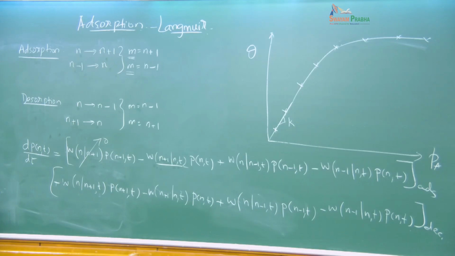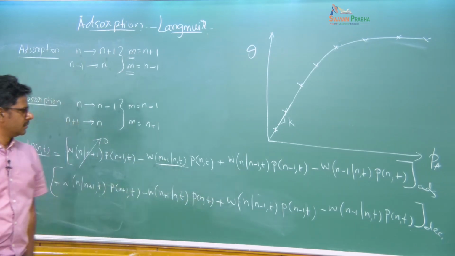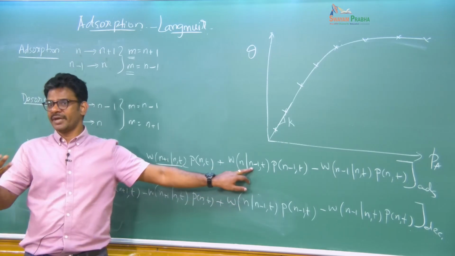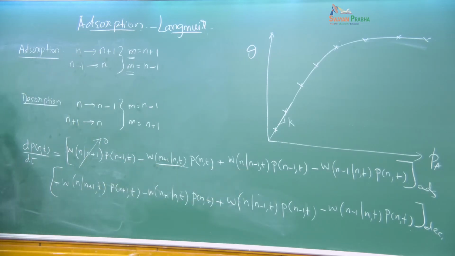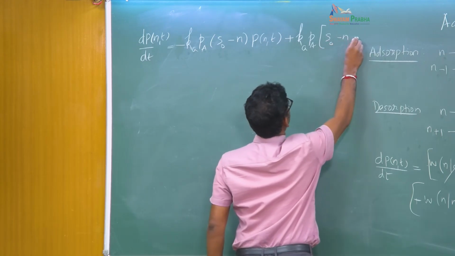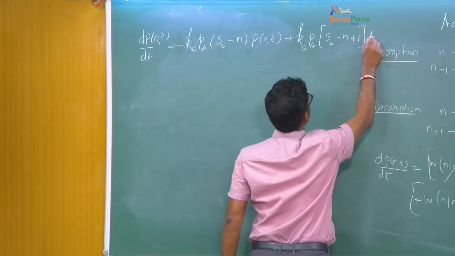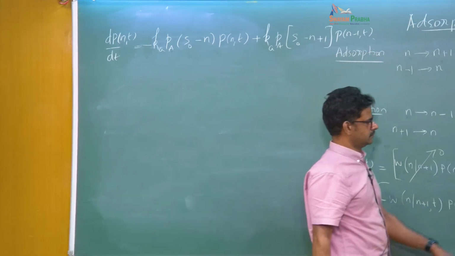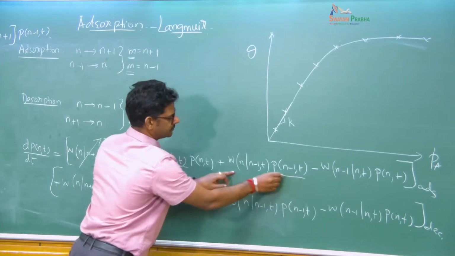So adsorption, Ka, Pa, and I need the number of sites when the occupied sites are n minus 1. So this is going to be S naught minus n plus 1, times P of n minus 1 comma t. Okay, so this is taken care of.